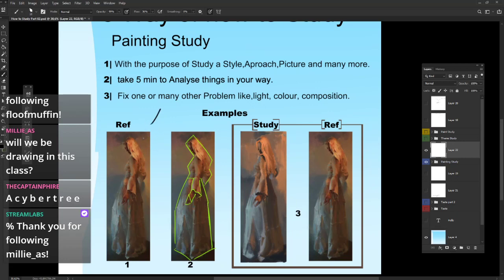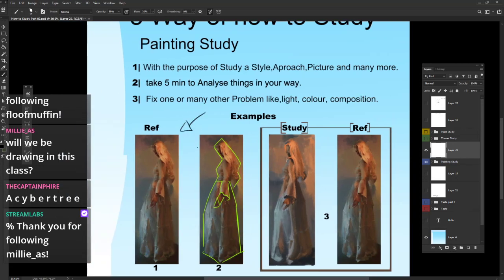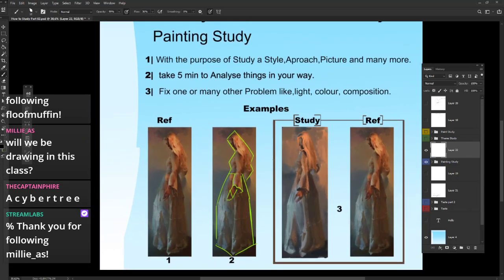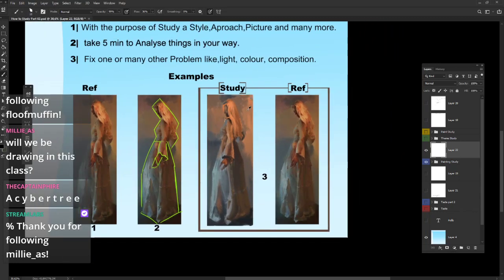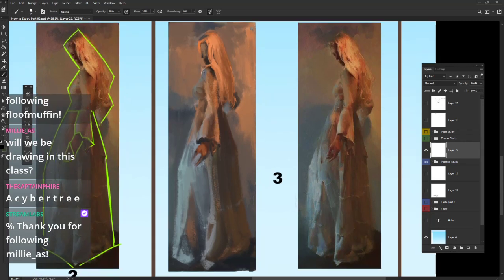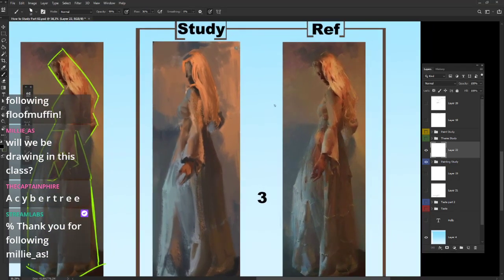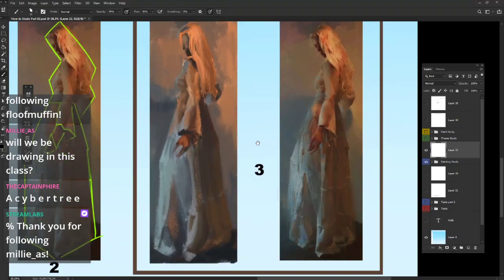Come with the purpose of understanding why you are studying those references. It could be an old master, because I always loved the way old masters approach their paintings. So I need to learn my own way of how to approach it in a study. This is what I did on Thursday, and this is the reference I used.